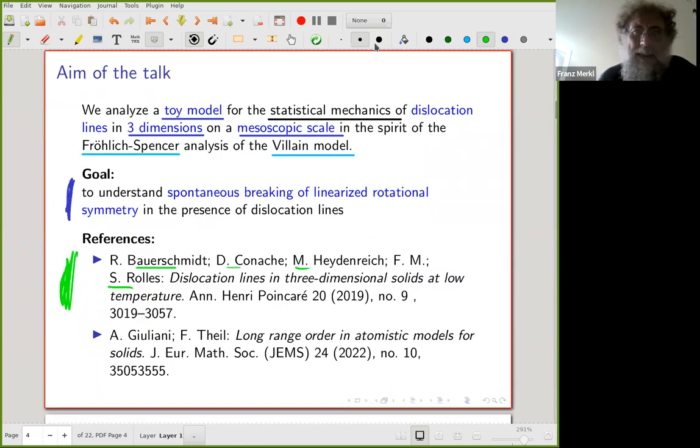But there's also recent related work by Alessandro Giuliani and Florian Theil, which is in a different model, but on an atomistic scale. So long-range order in atomistic models for solids. I'm going to mention a little bit more about it in a few minutes.